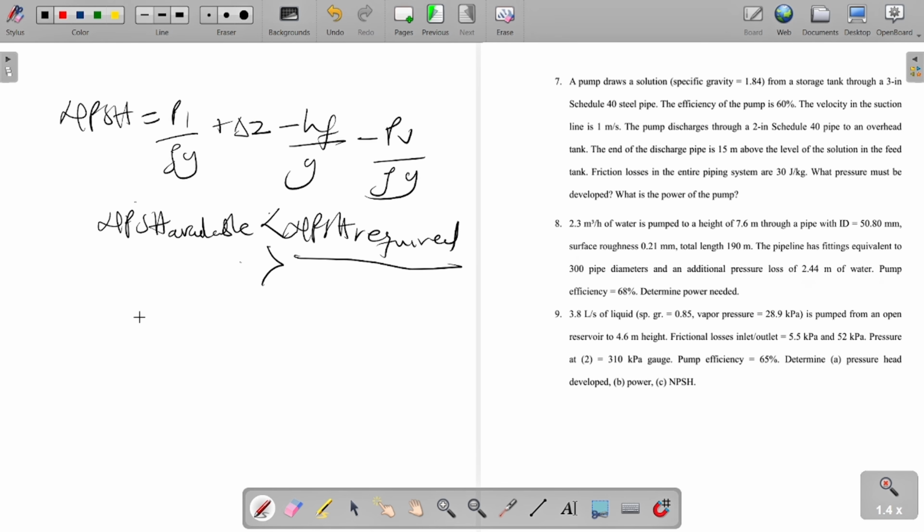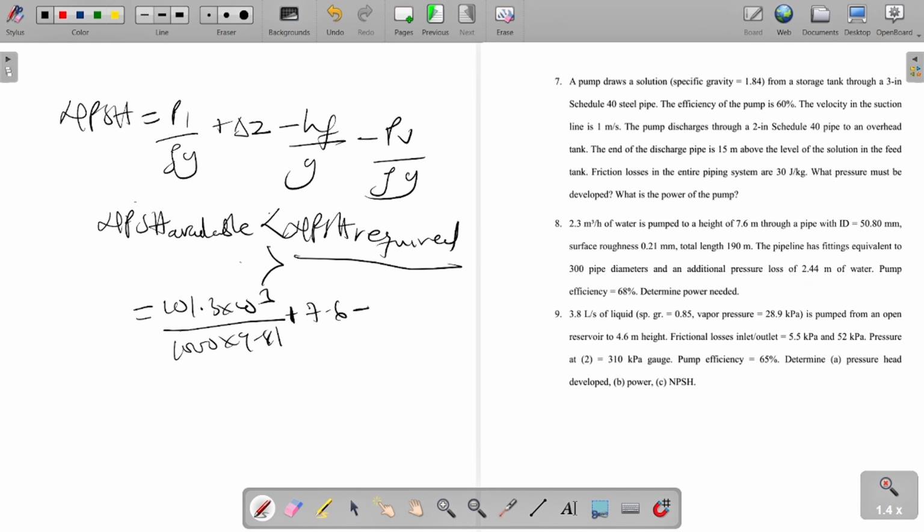So per this one, the pressure at the source was 1 atm, which is 101.3 times 10 to the power 3, right, in Pascal. Then the density 1000, then 9.81, right? Then the change in Z was given as 7.6, right? Then HF, right? Let's assume we are using the total HF, right?